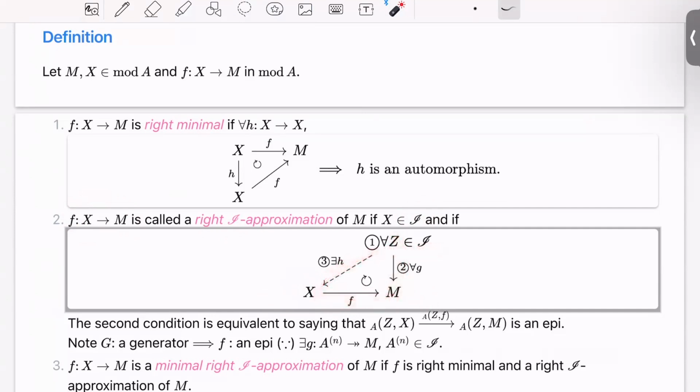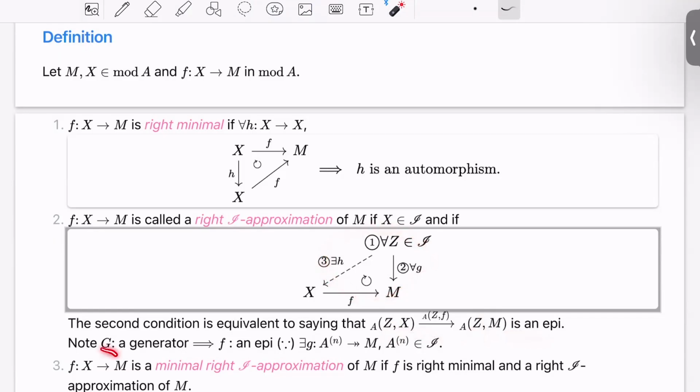This is the condition. Namely, it is possible to write it this way: Hom(Z, -) sends this to an epimorphism, for any G in here, something H here, and then it is mapped to here. So this property is stated in this way. It is an epimorphism.